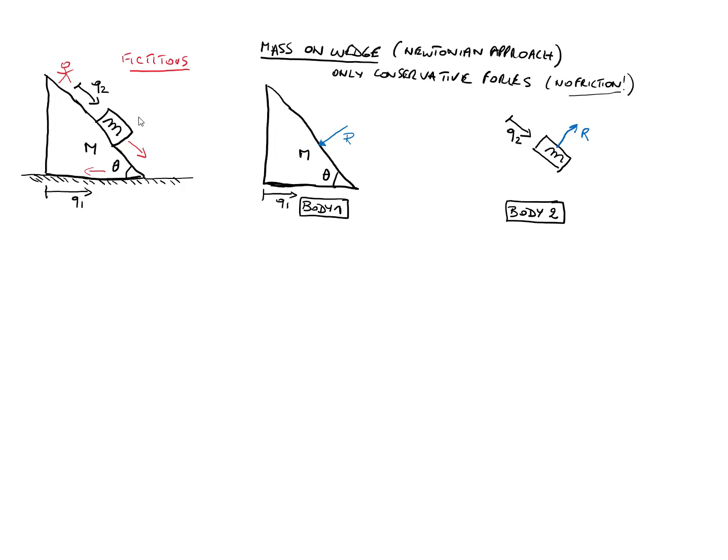So now we are ready to write the second law of Newton in the Q1 direction, and it's simply capital M, the mass of the big wedge, times Q1 double dot is equal to, well, you have to have a look at the component in the Q1 direction. It's this one here, and that will be minus R sine theta. This is equation 1.